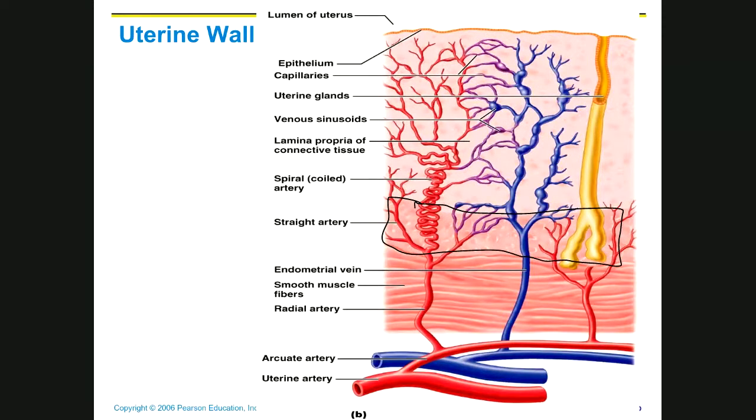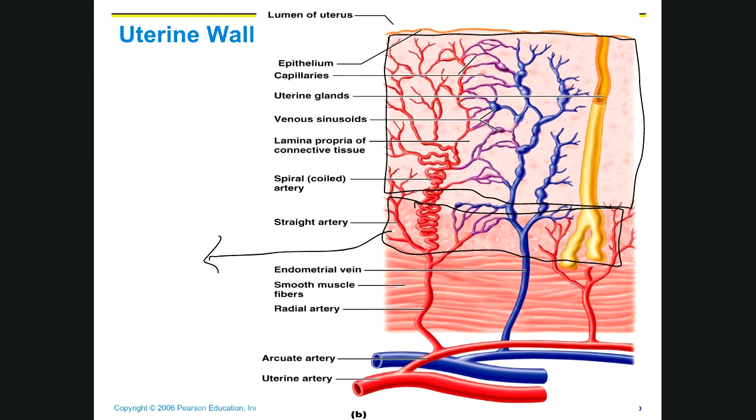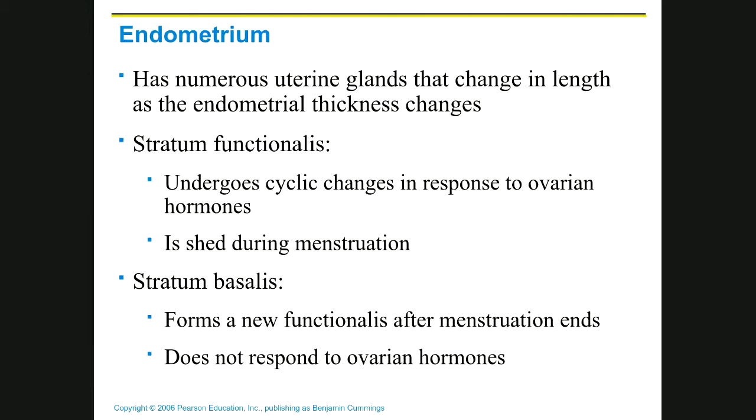Well, this layer is a layer that does not change very much. It stays pretty much the same. But this other layer changes dramatically, changes like crazy as you go through that cycle. And so their names, the one that doesn't change very much is called the stratum basalis.